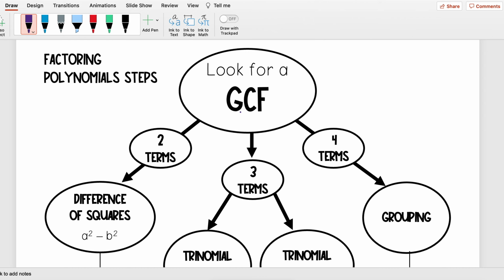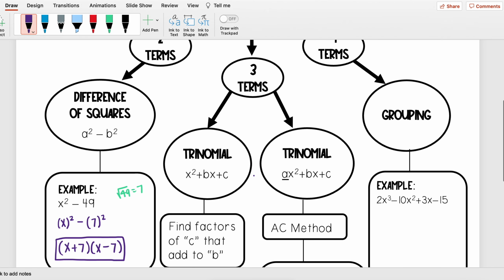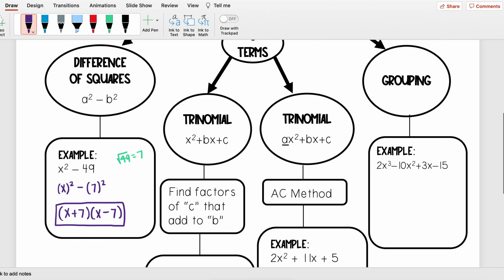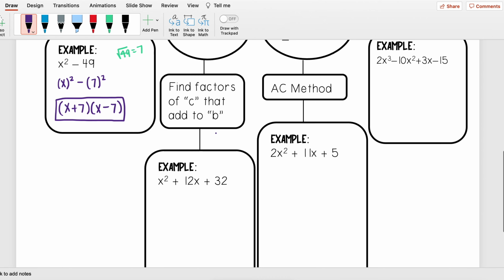Okay, let's say when you take out the GCF, or maybe there wasn't a GCF and you have 3 terms, there are 2 different ways that we're going to end up factoring that. The first one, if you have a trinomial and you have a is equal to 1, so there's not a number that you see out in front of x squared, then that's when we can use our shortcut. And those are when we will find factors of c that add to b.